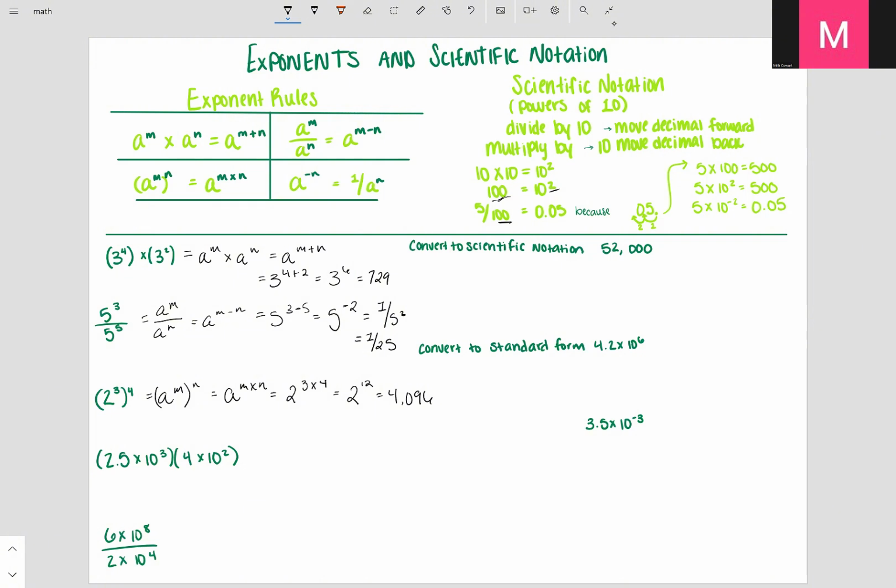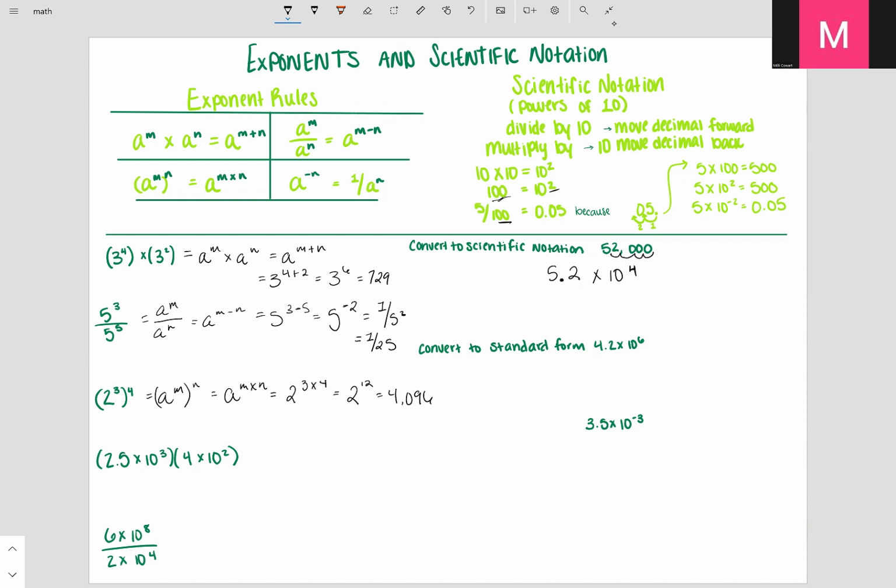So if we want to convert 52,000 to scientific notation, we want the decimal to be in front of or behind the first digit. We only want one number in front of the decimal. So then we're going to say times 10. If our decimal's here, we're going to have to move it this way: 1, 2, 3, 4, to the 4th.